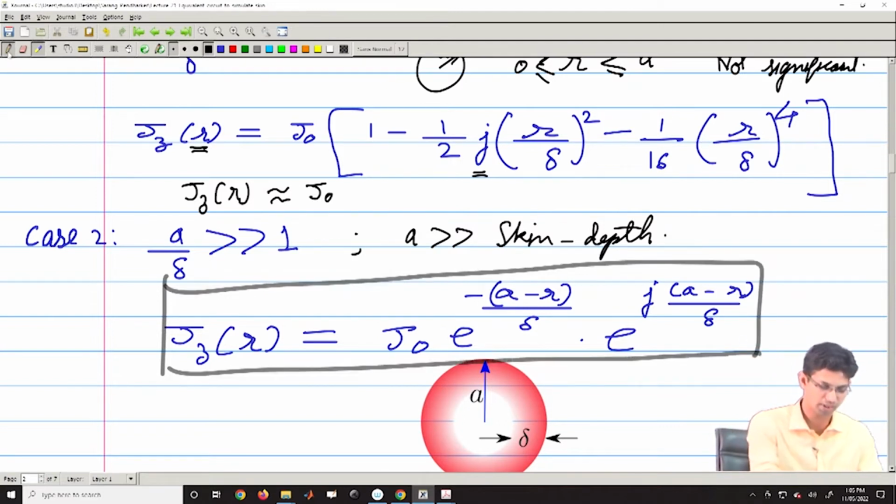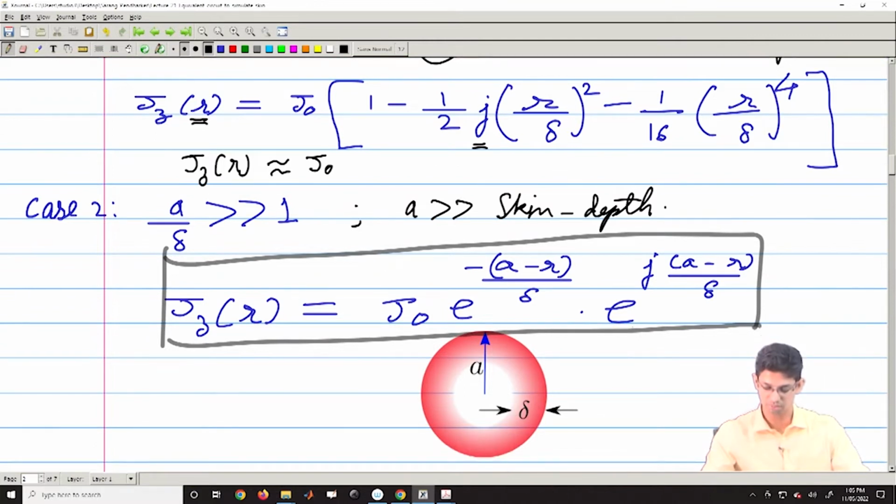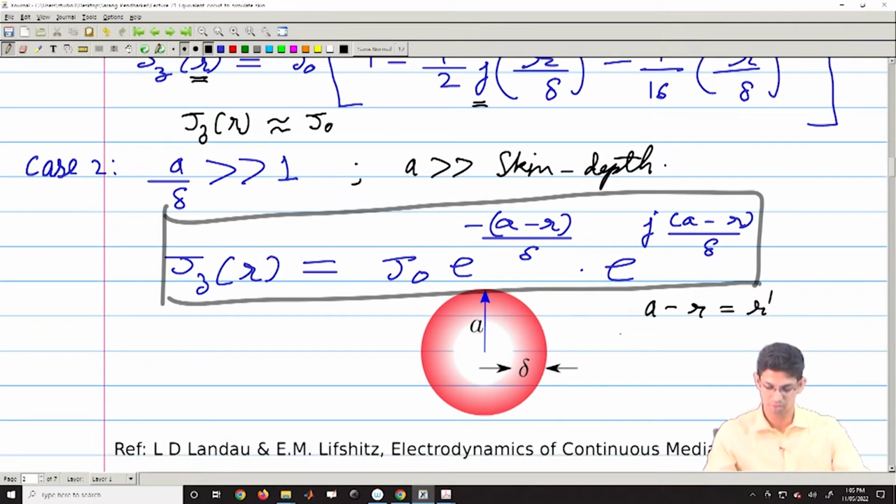Here you can see that this looks familiar to you. If you replace A minus r by r prime, what you essentially have is J0 e to the power minus r prime by delta into e to the power j r prime by delta. So, you can see that here you can get this skin depth like this.